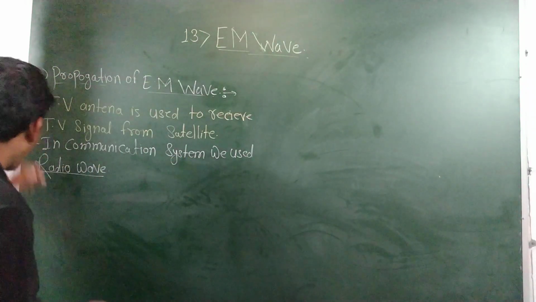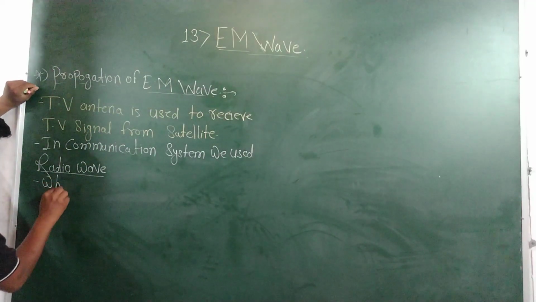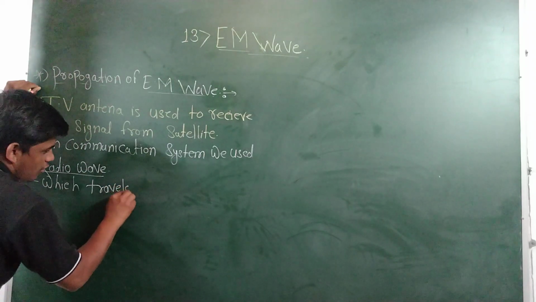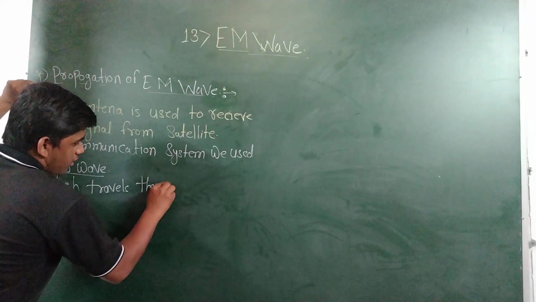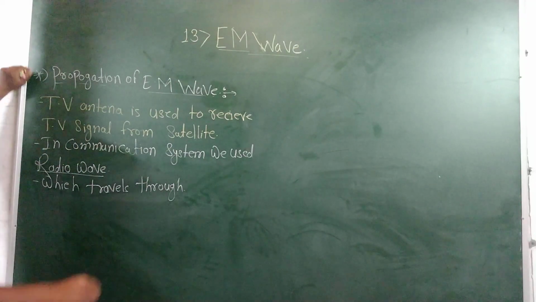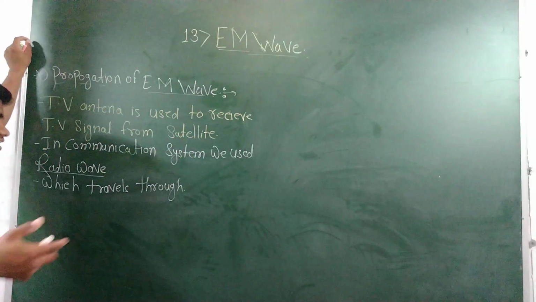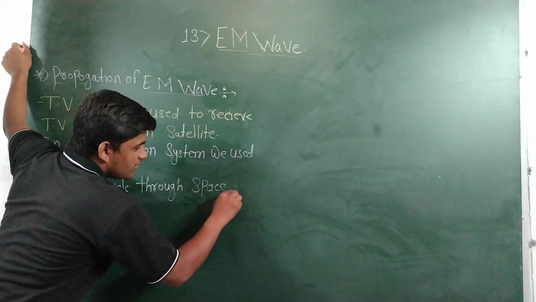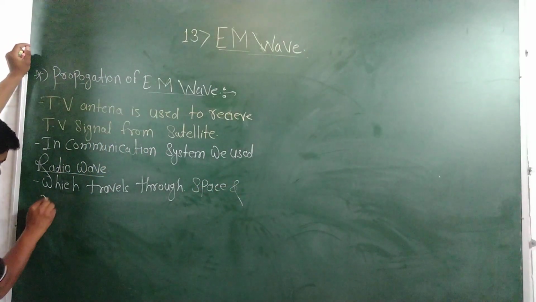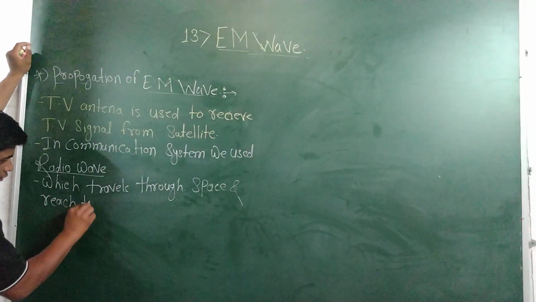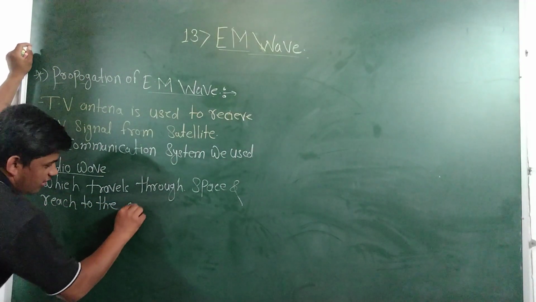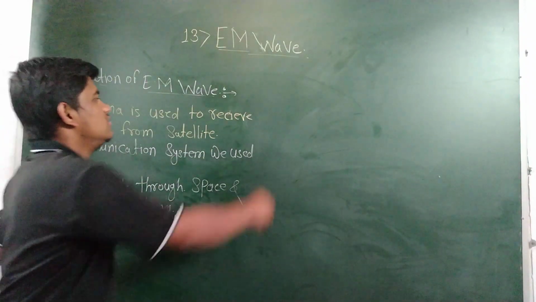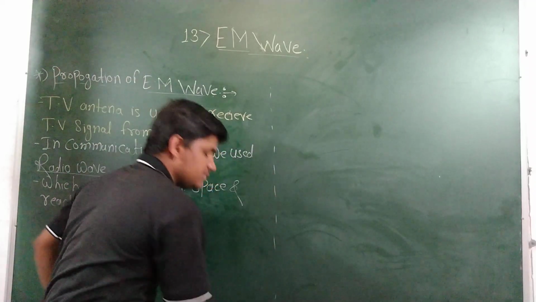Why do we say through space? Because they come from the satellites or the transmitter. They travel through space and reach the antenna. This is the path of the radio waves.